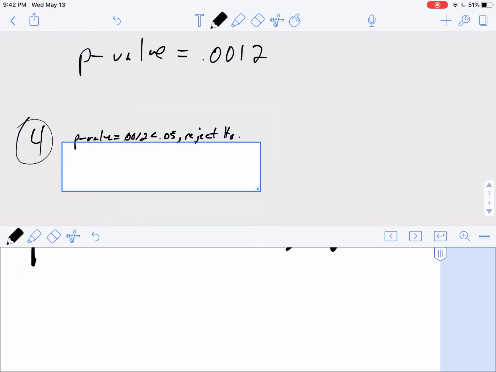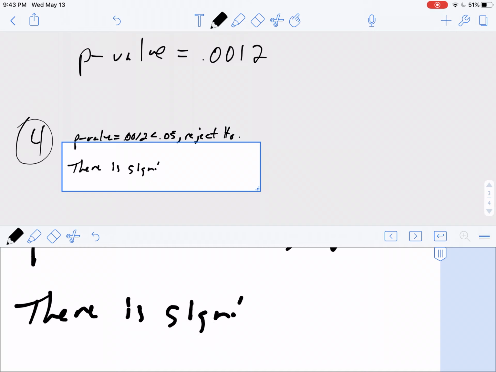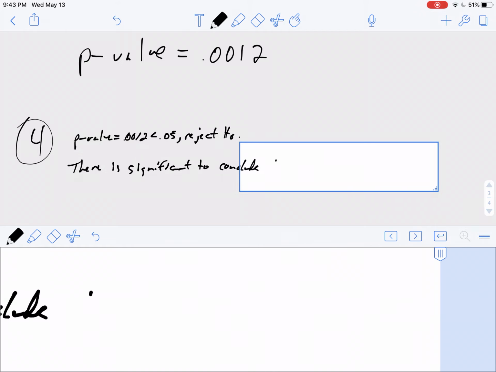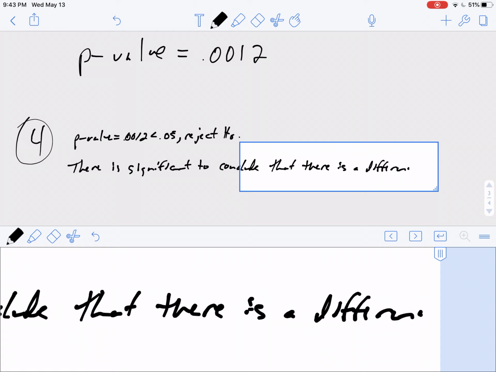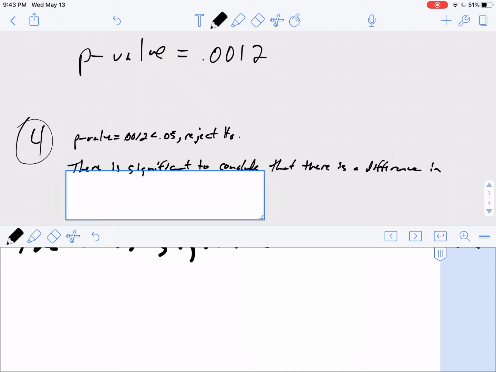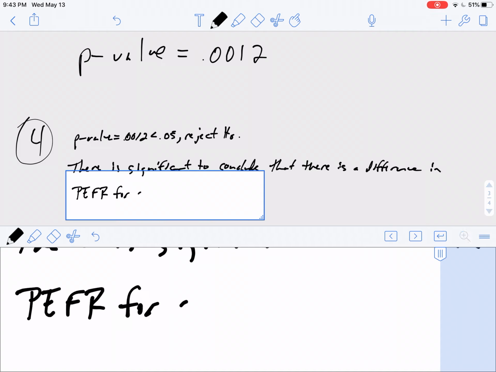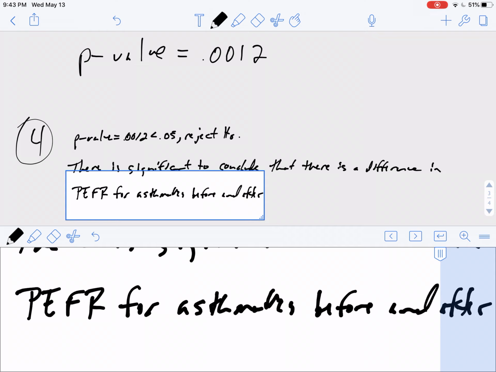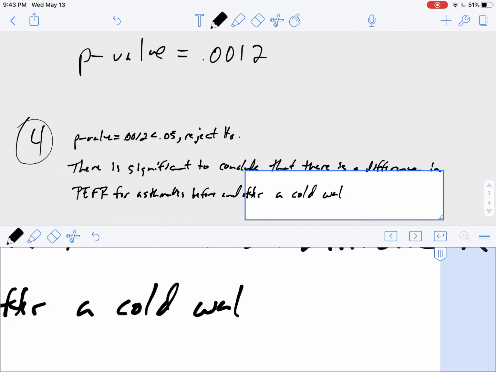So then what I can say is that there is significant evidence to conclude that there is a difference in asthmatics before and after a cold walk.